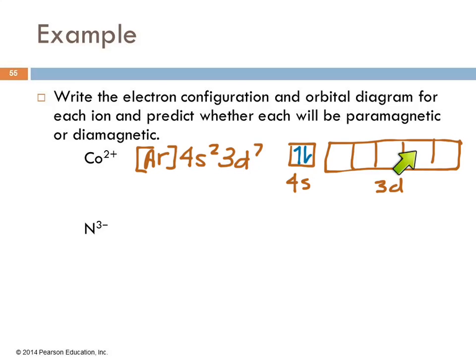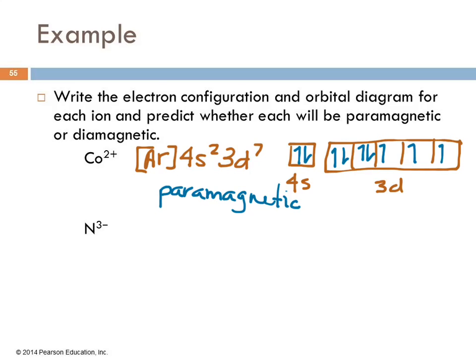And then the 7 in here will go 1, 2, 3, 4, 5, 6, 7. Does it have unpaired electrons? Yes, it does. Is it paramagnetic or diamagnetic? It's paramagnetic. So cobalt 2+ ion is paramagnetic. It will be attracted to a magnetic field.